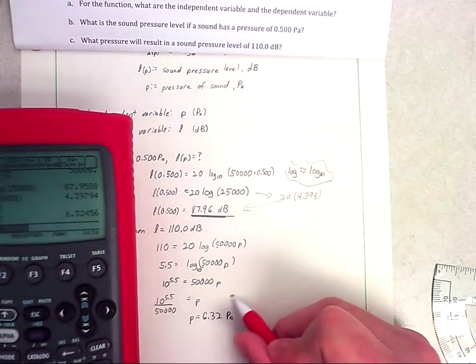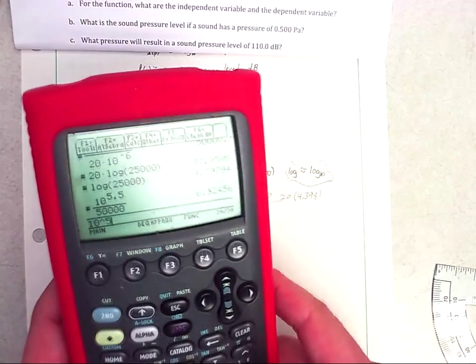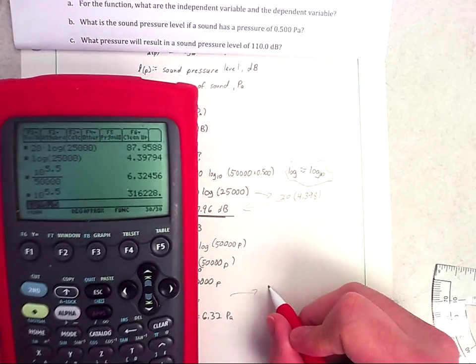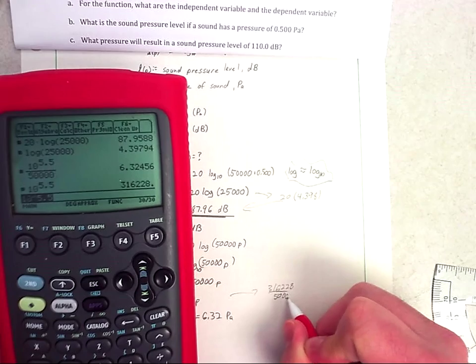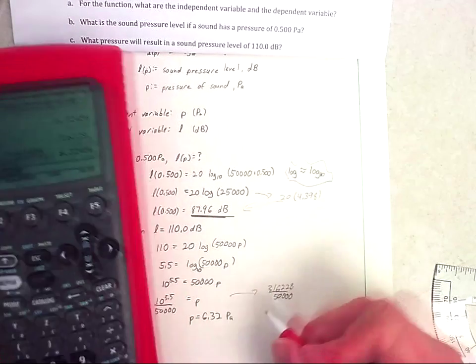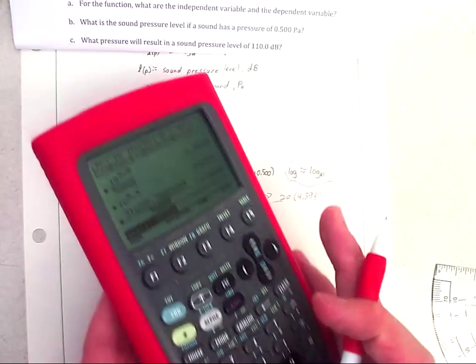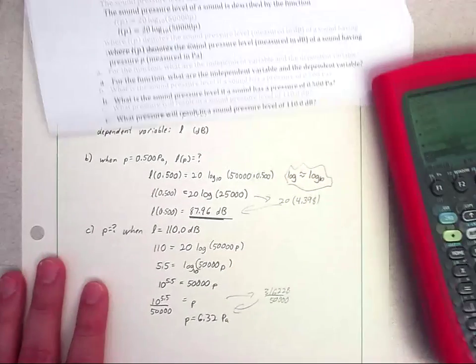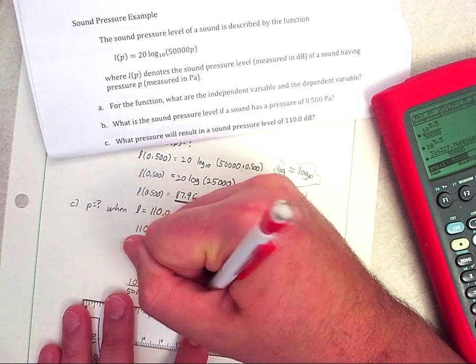And again, just as an aside, if you wanted to break it down by parts, 10 to the 5.5, I would get 316,228 divided by 50,000, which got me back to there. So that's all I need for that one.